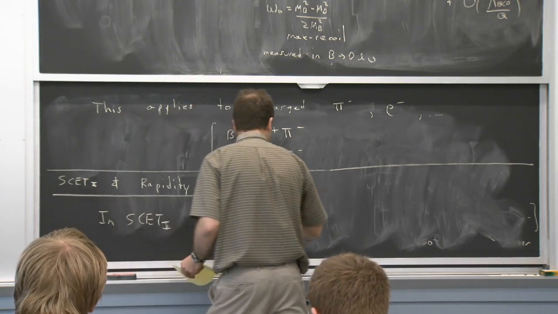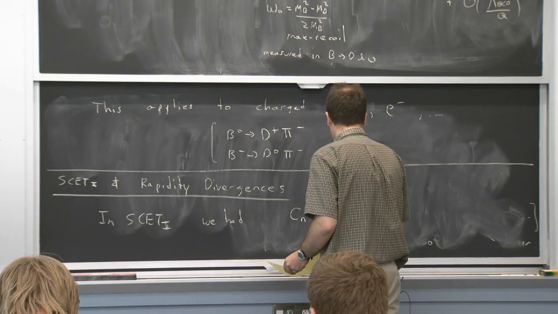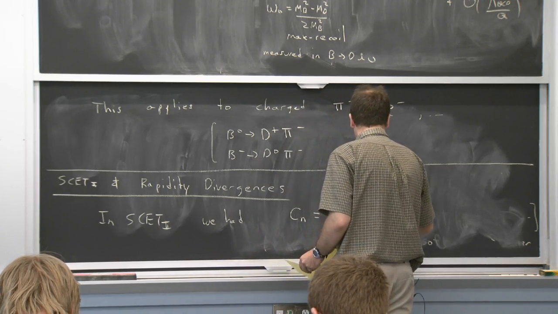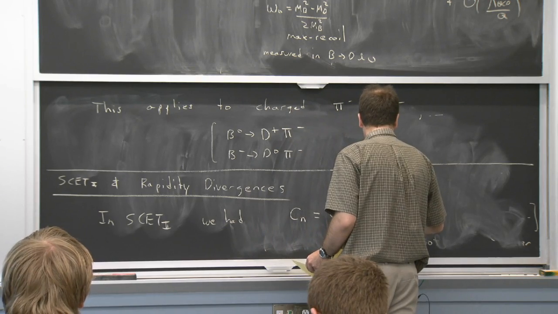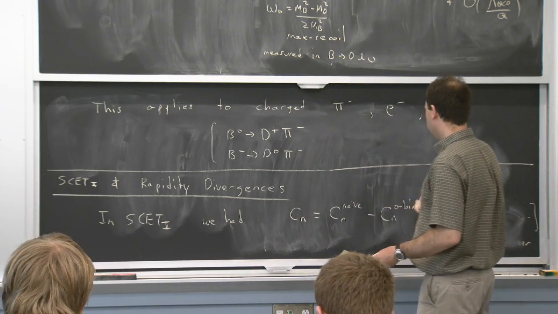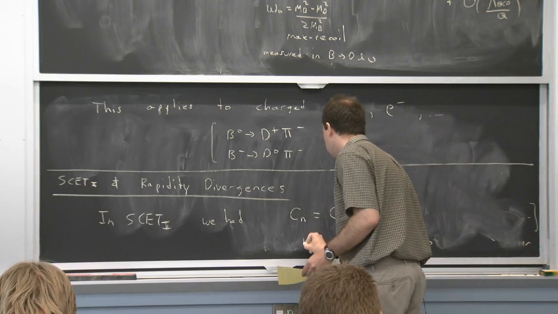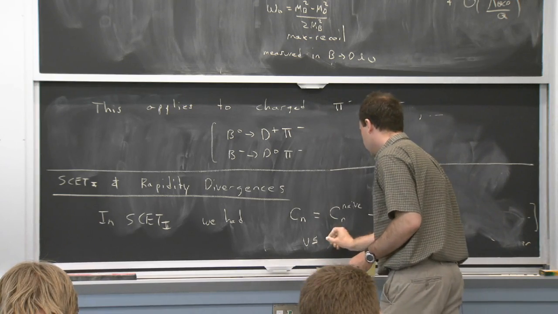Schematically, I could say that the true Cn was a Cn naive minus a Cn zero bin. So you could do a calculation ignoring that, but then you have to be careful, and there's a subtraction, and that subtraction avoids the double counting with the ultrasoft.